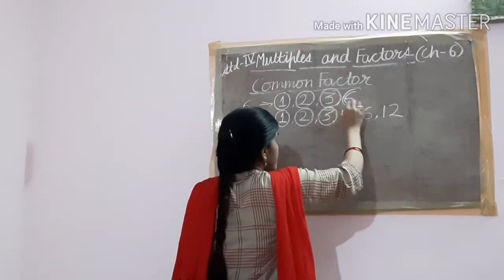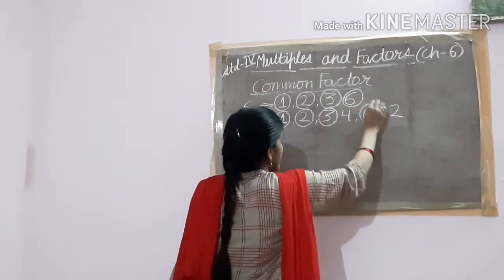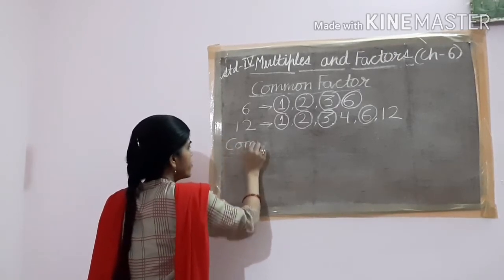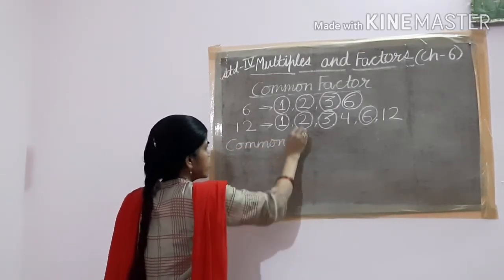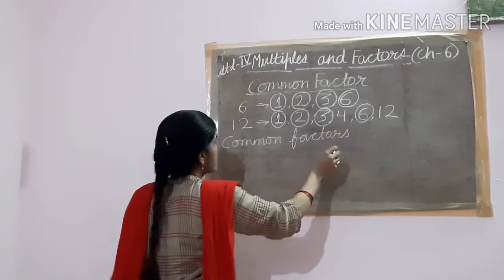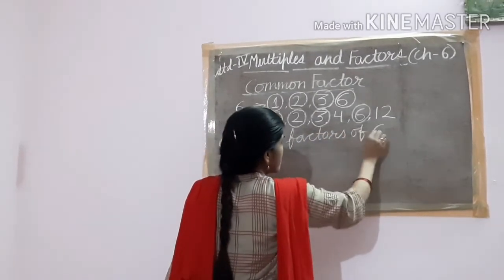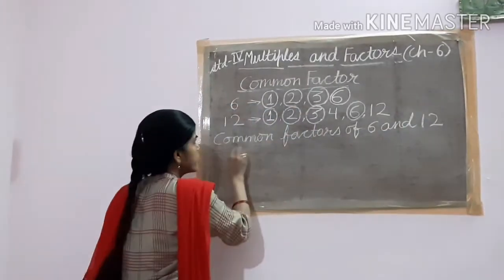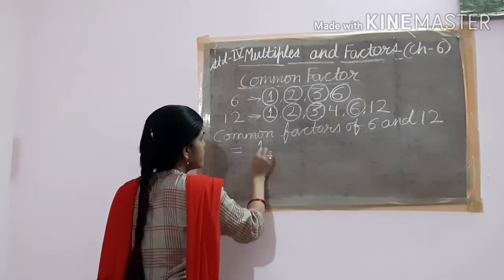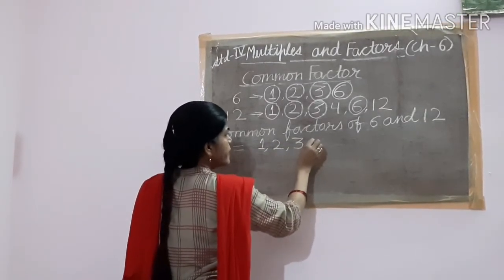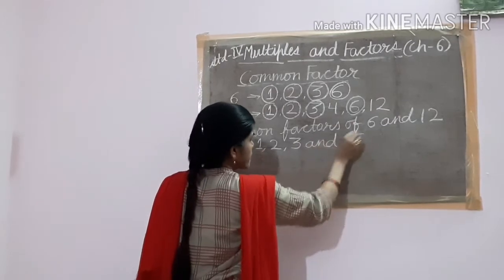Then 6. So the common factors of 6 and 12 are 1, 2, 3 and 6.